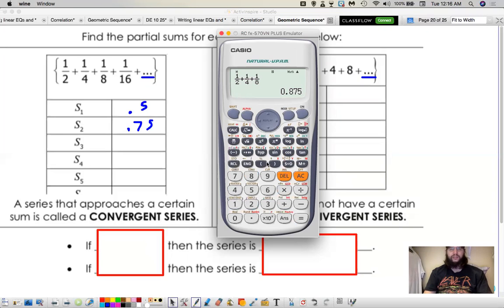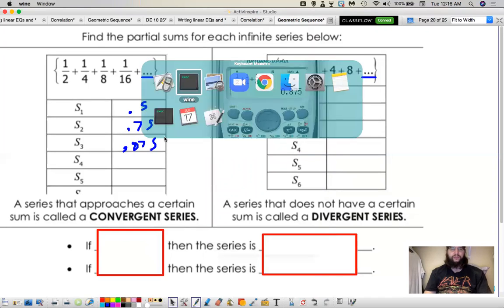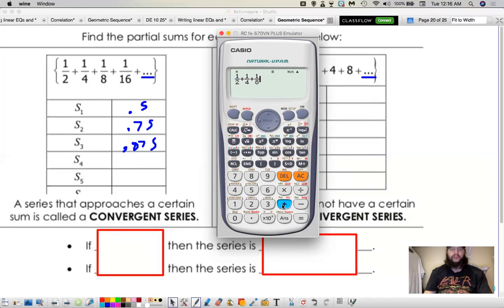Seven eighths, which is 0.875. Add a 16th. 15/16.